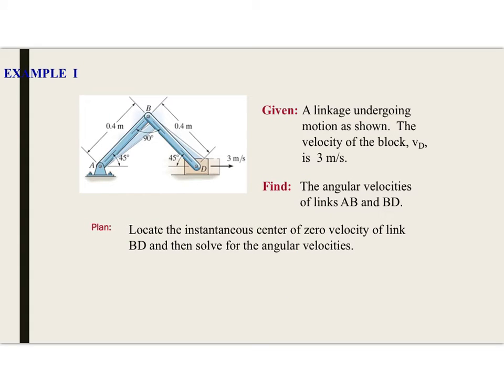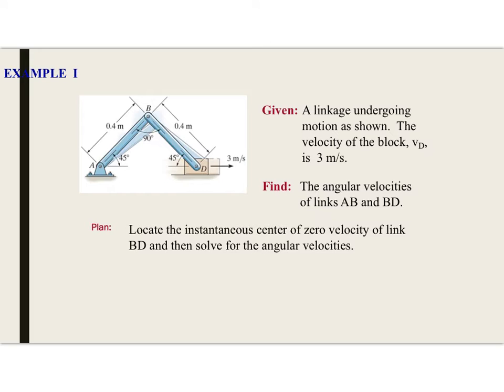Here's one of the example problems. This is actually a problem that you're going to have to do when we meet for class. This is a good situation where we have two velocities.